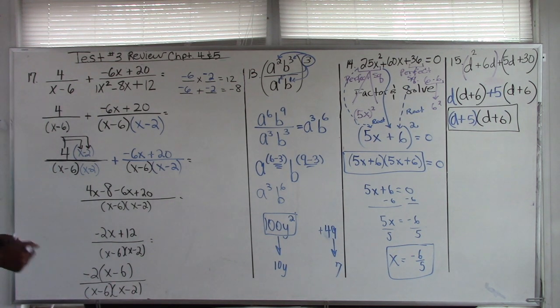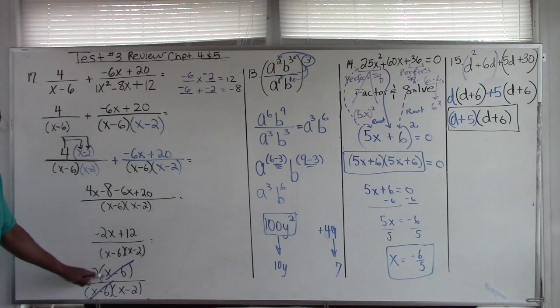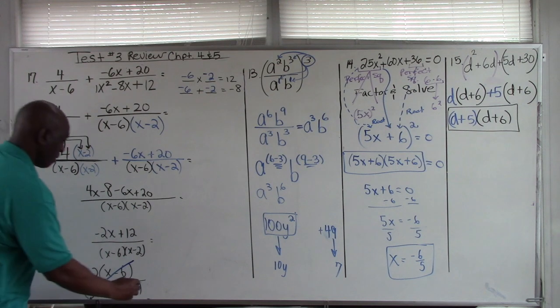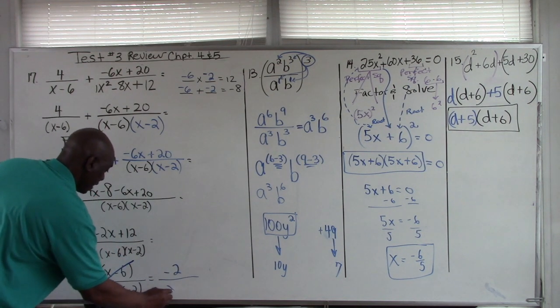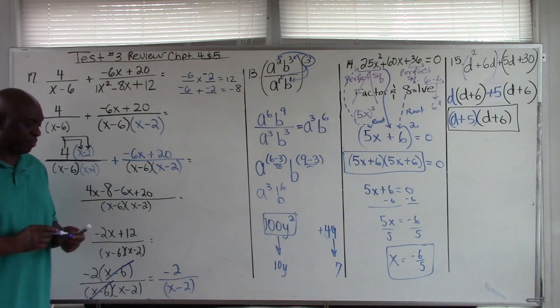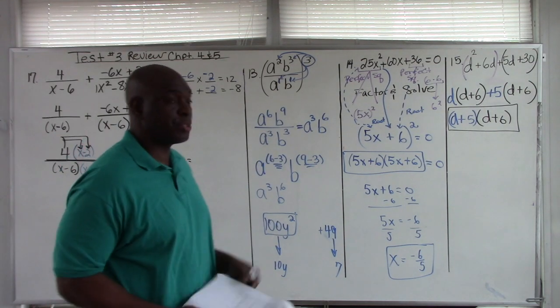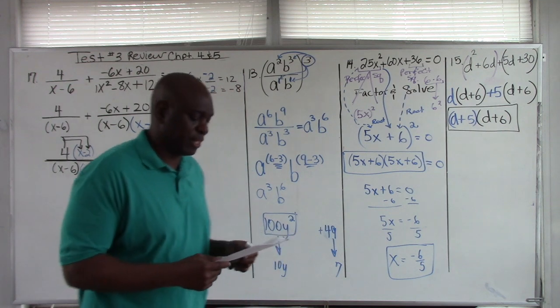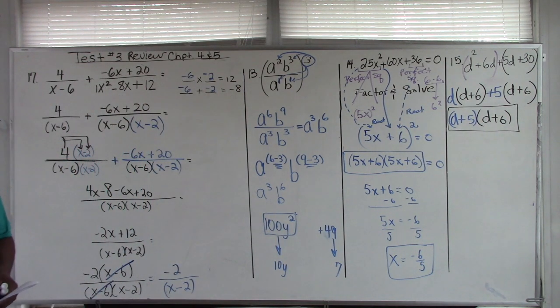And at this stage, I notice that my x minus 6's cancel out. One's on top, one's on the bottom. And so my answer is going to be negative 2 over x minus 2. Which is C on your review sheet. C is the answer. All right, that's 17. 18.